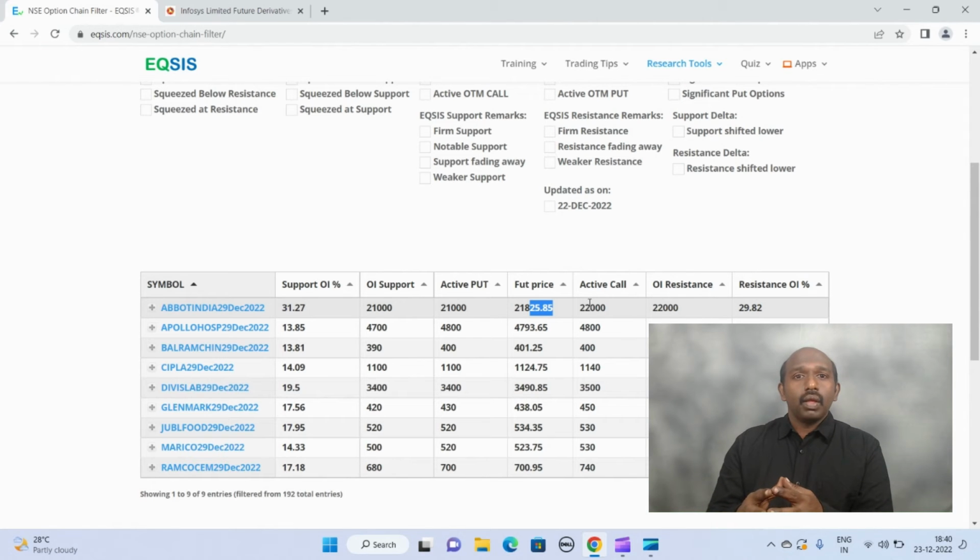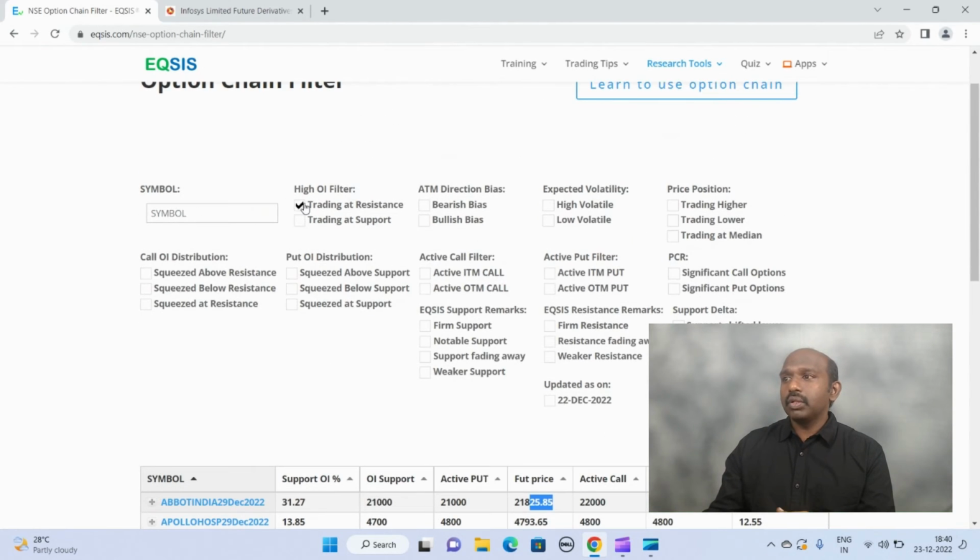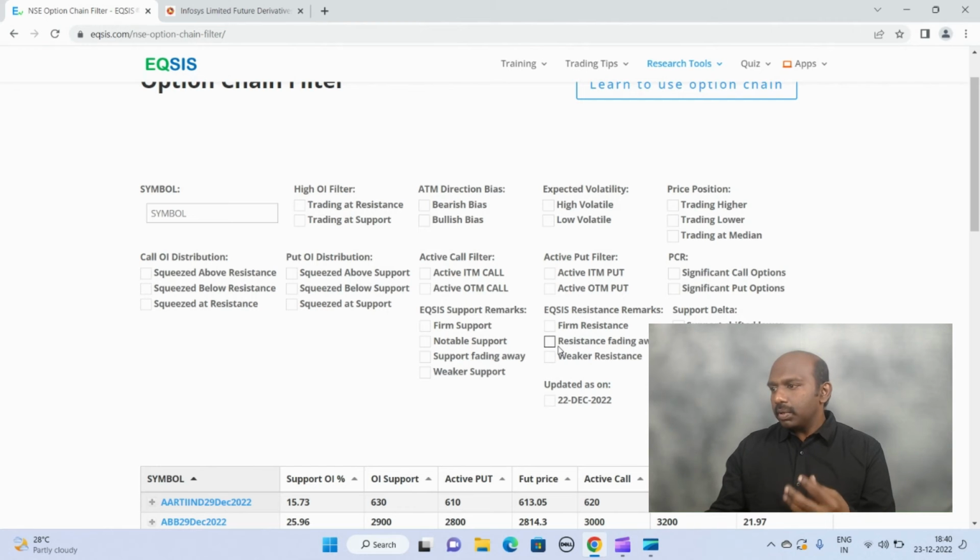So it enables you to do this option chain analysis in a much more efficient way if you access this filter. If you want to know whether the support is getting stronger or weaker, you can do that by finding notable support or notable resistance. A lot of interesting things can be done. If you want more details about it, do check this out.